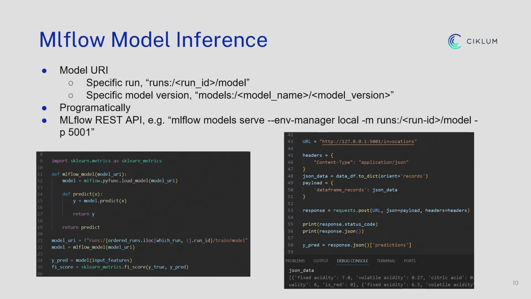So you see this model performed this well, this model performed this well, and it allows you to search for the runs, and you can, for example, load the model for a specific run. You provide the run ID and load the specific model, or you can go to the model and load a version of the model. And you can do it programmatically, for example in Python here, or you can also use the REST API for MLflow.